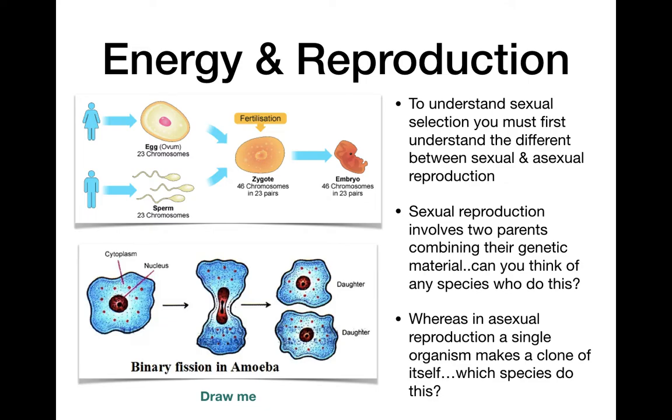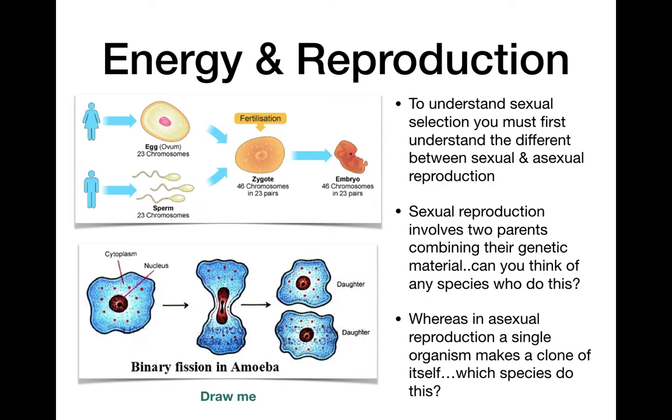Can you think of any other species that do this? Well, bacteria are a good example of other ones that do, and archaeans, which are kind of similar to bacteria, live in very extreme environments like deep sea vents, very salty water, that kind of stuff. All those kind of early prokaryotes do this.